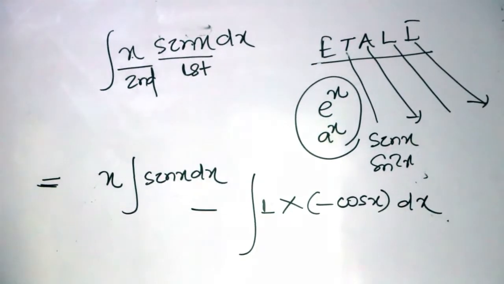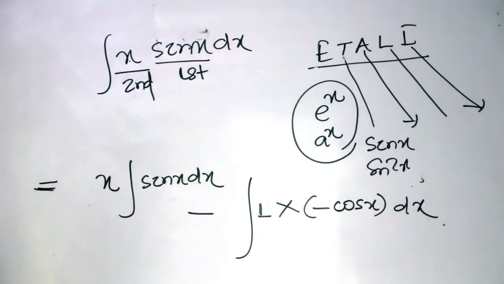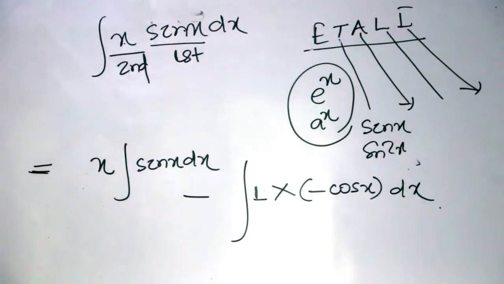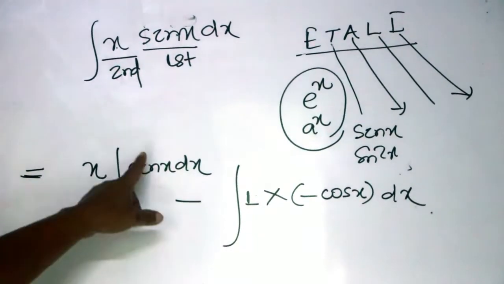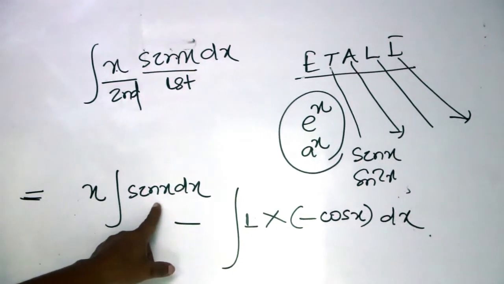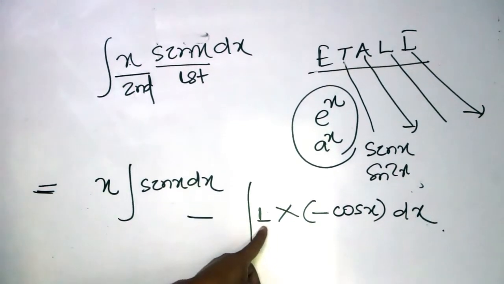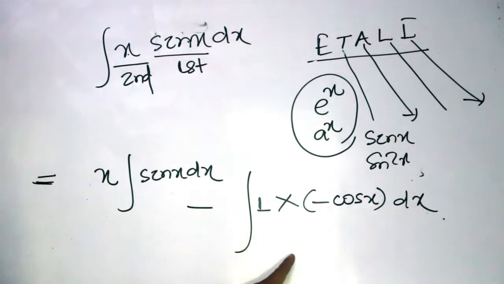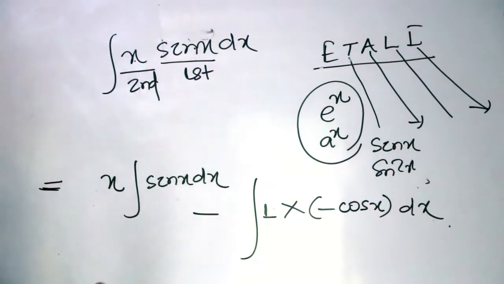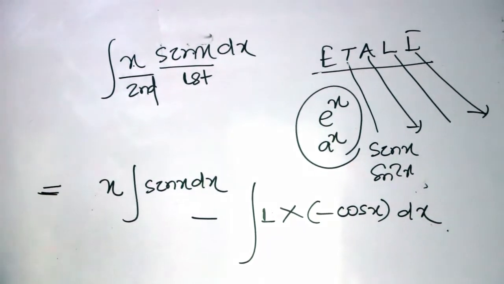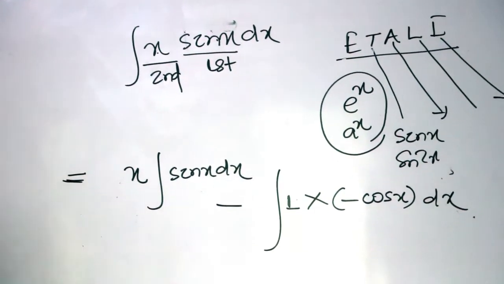The integral of the product of two functions equals the second function into the integral of the first function, minus the derivative of the second function into the integral of the first function, and again we integrate both with respect to x. That is the rule of integration by parts.